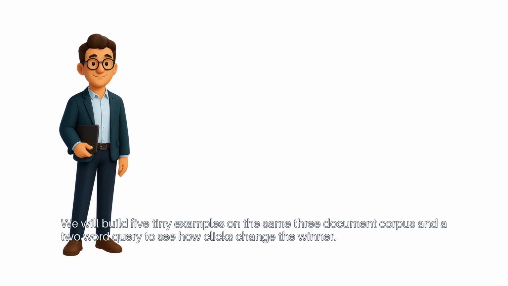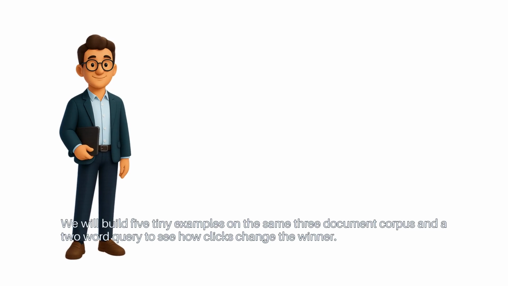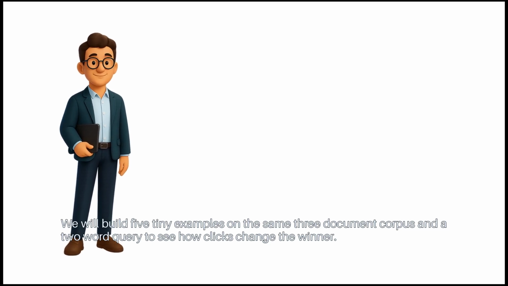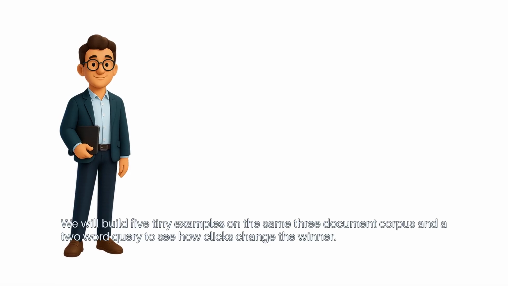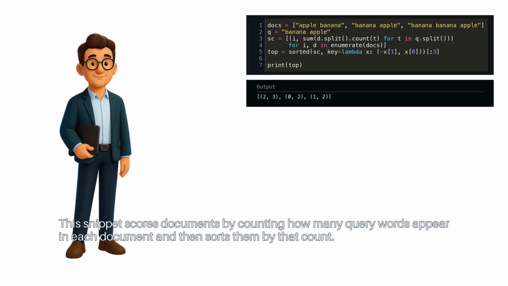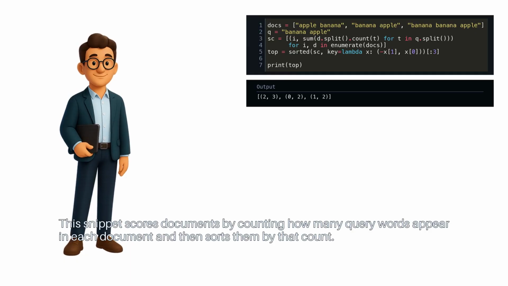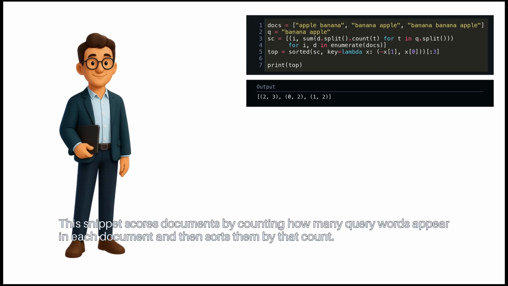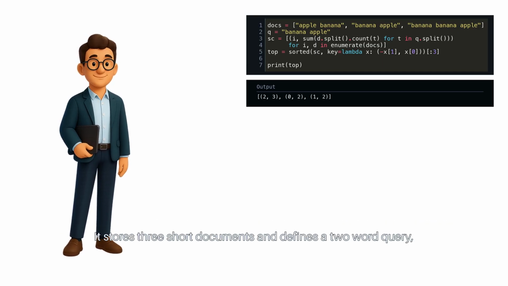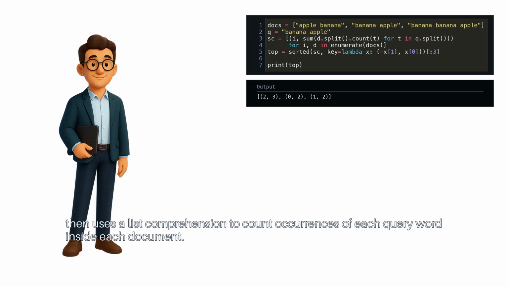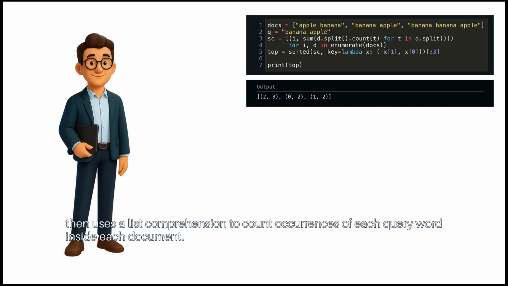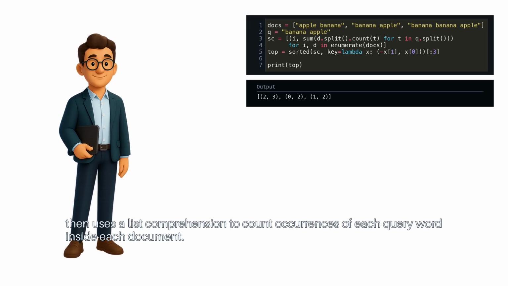We will build 5 tiny examples on the same 3-document corpus and a 2-word query to see how clicks change the winner. This snippet scores documents by counting how many query words appear in each document, and then sorts them by that count. It stores 3 short documents and defines a 2-word query, then uses a list comprehension to count occurrences of each query word inside each document.